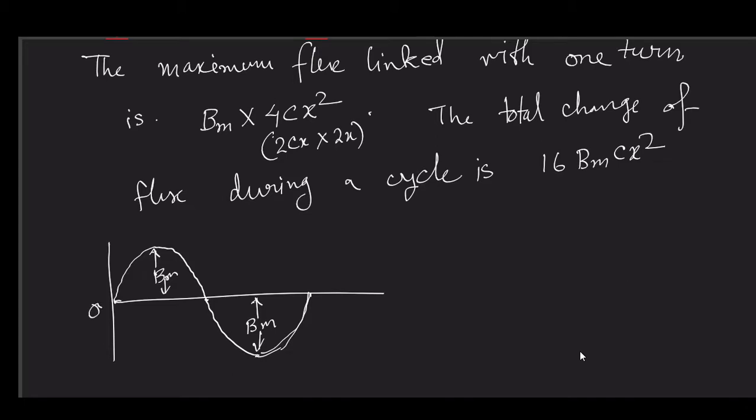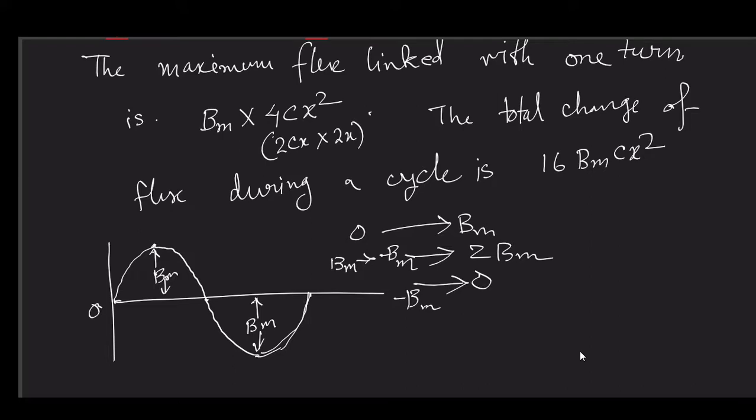One change is from 0 to plus Bm, then another from Bm to minus Bm, that means 2 Bm, and then another from minus Bm to 0.